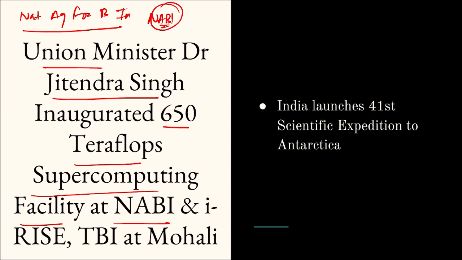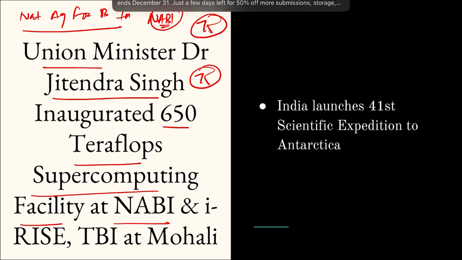He stated that India will identify and promote 75 innovative startups in the 75th year of independence, that is 2021, because this was the 75th anniversary of Indian independence. So this 650 teraflops supercomputing facility was inaugurated at the National Agriculture Food Biotechnology Institute, located in Mohali, Punjab.